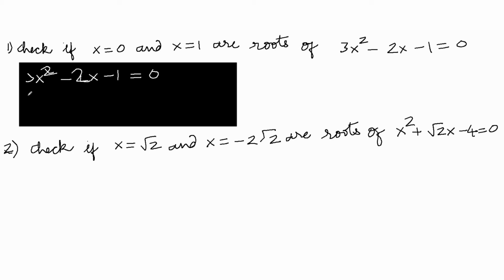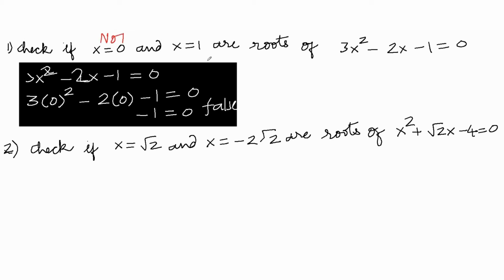Let's substitute x as 0. So this would be 3 into 0 square minus 2 into 0 minus 1 equal to 0. So this is 0, 0, and therefore minus 1 equals 0, which is not true, which is false, and therefore x equal to 0 is not the root of the given quadratic equation.